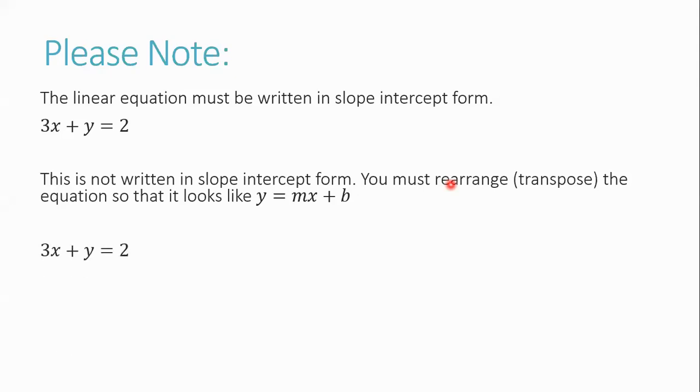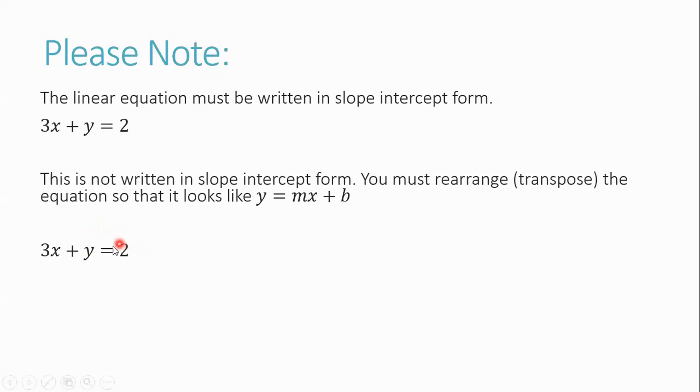So now let's rearrange this equation into the slope-intercept form. I want this 3x plus y equals 2 to look like y equals mx plus b. I need this y to be on the left-hand side of the equation by itself. Sometimes it's called making it the subject of the equation, if you will.